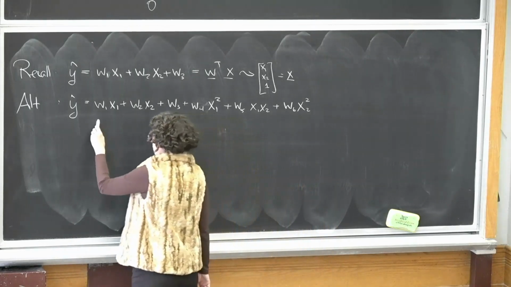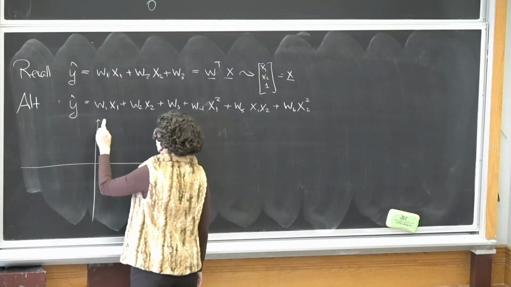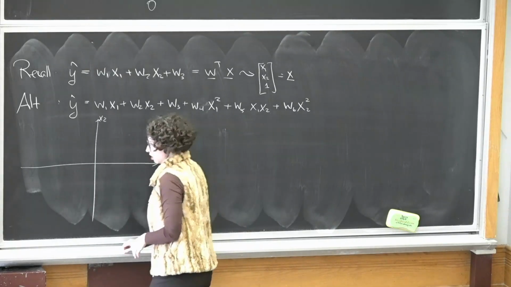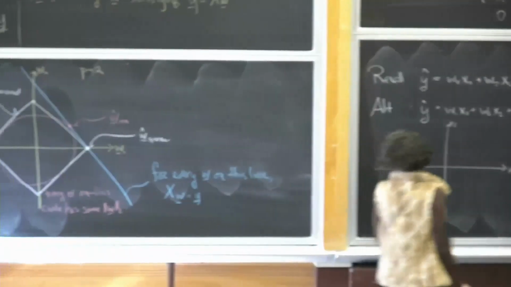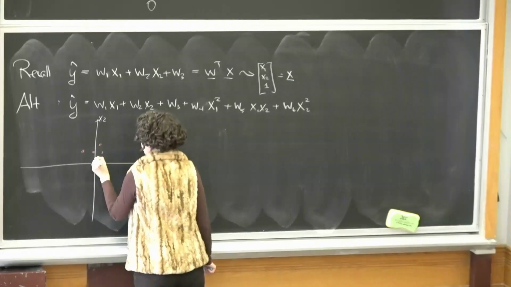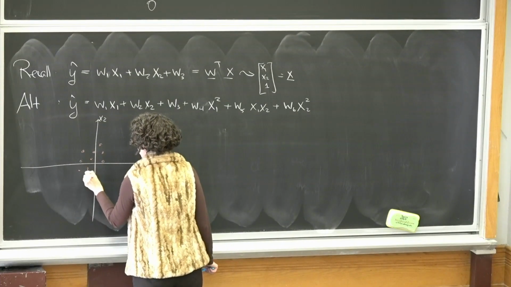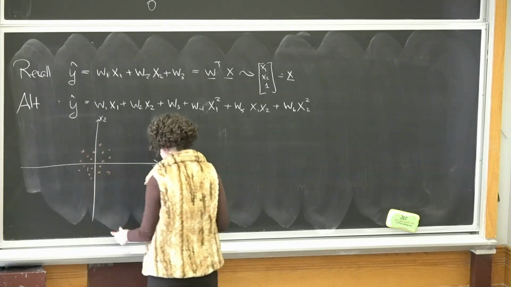So first of all, let me provide a motivating example. So imagine that when we plot our training data and we look at our 2 coordinates, we see something like this. We see all of our positive samples in a little disk here.